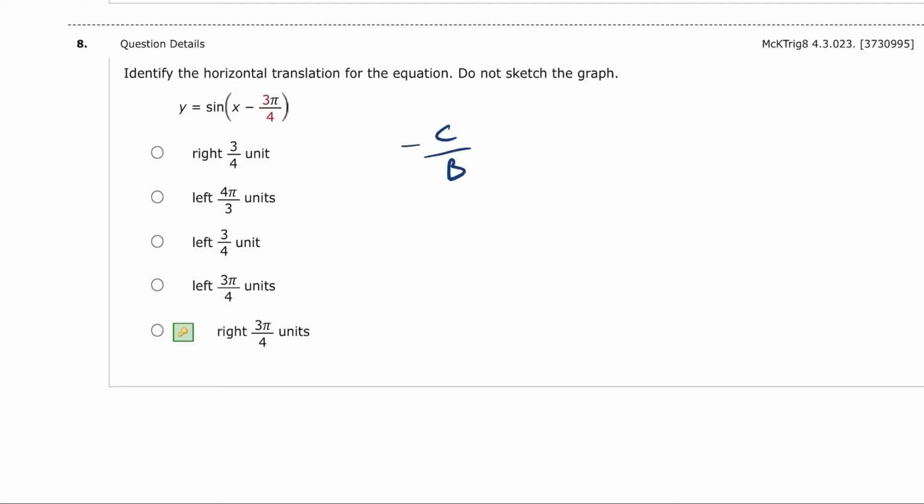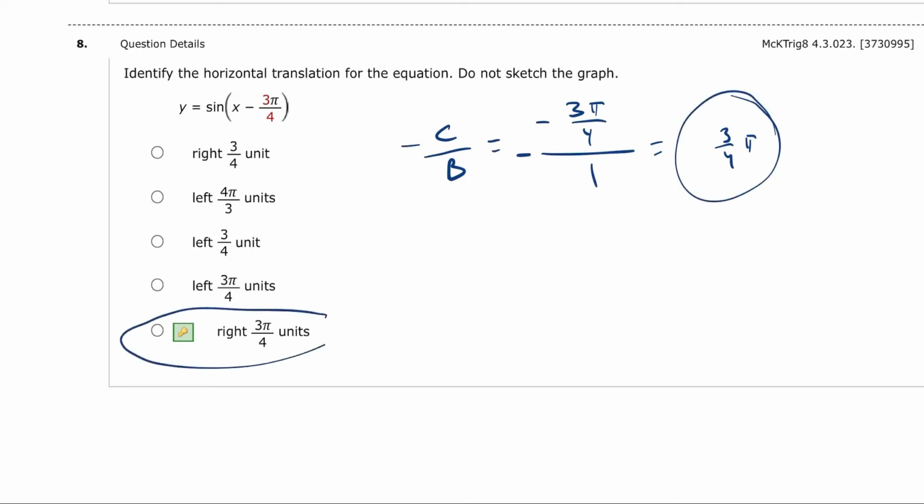Horizontal translation is given by this formula, so negative of negative c over b, where b is 1. So it's going to be negative 3/4 pi. I'm sorry, double negative, because of this negative and then the negative of this number. So these two negatives become positive, actually. So this is your horizontal shift to the right.